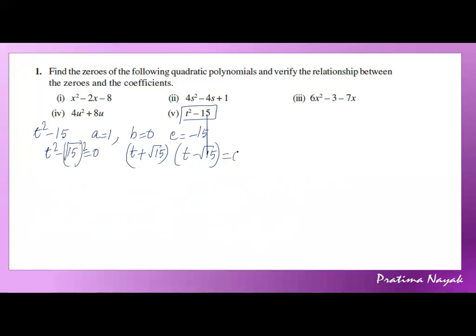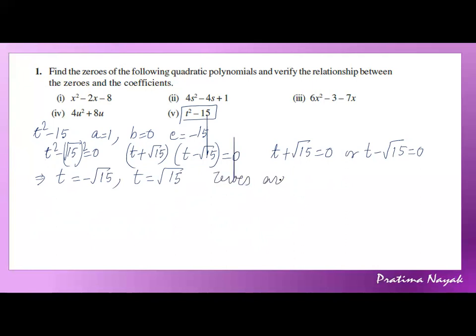So this is equal to 0. So either t plus under root 15 is 0 or t minus under root 15 is 0. So first gives you the result t is equal to minus under root 15. Second gives you the result t is equal to plus under root 15. These are the zeros. So zeros are under root 15 and minus under root 15.